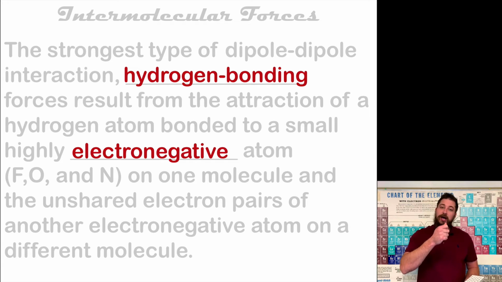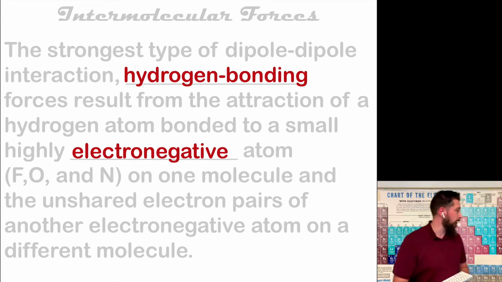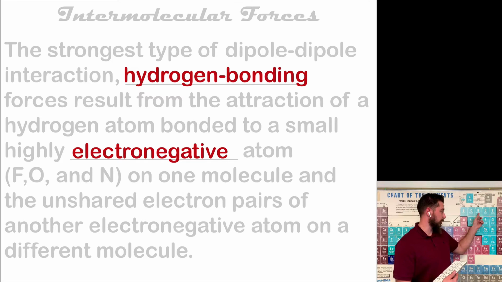Essentially, if hydrogen is covalently bonded to fluorine, oxygen, or nitrogen, you will have hydrogen bonding. Those three atoms are the three that are right here: fluorine, oxygen, and nitrogen.